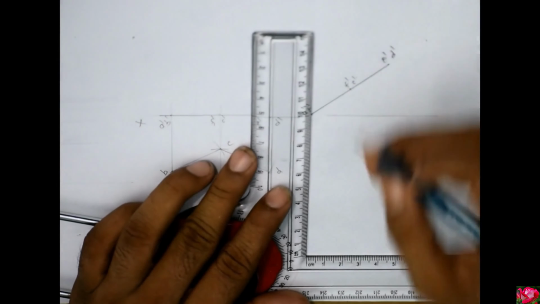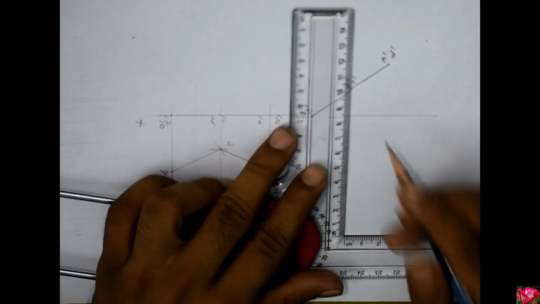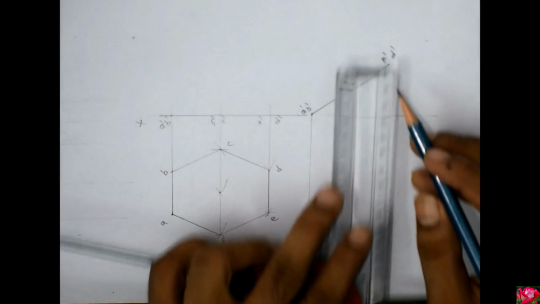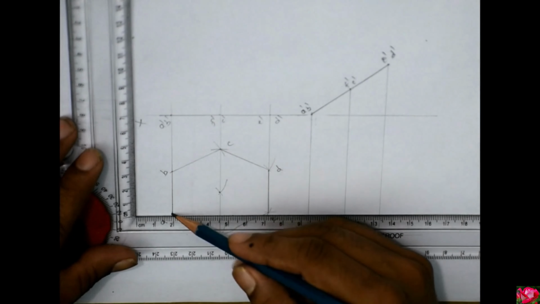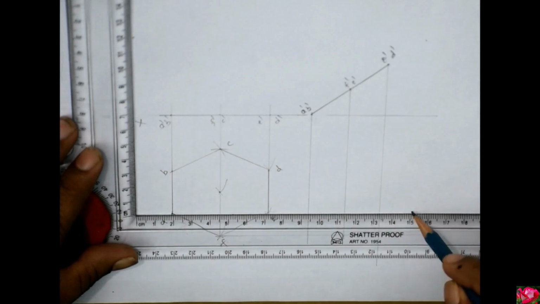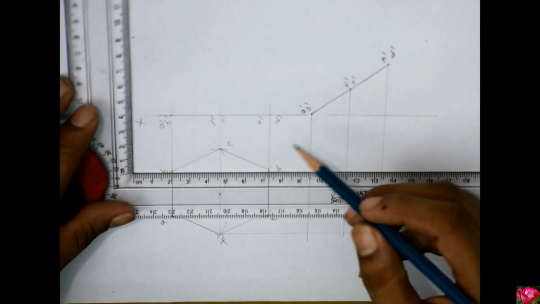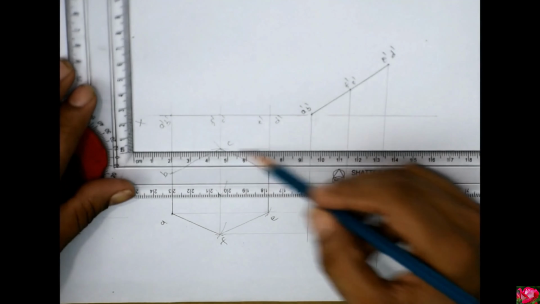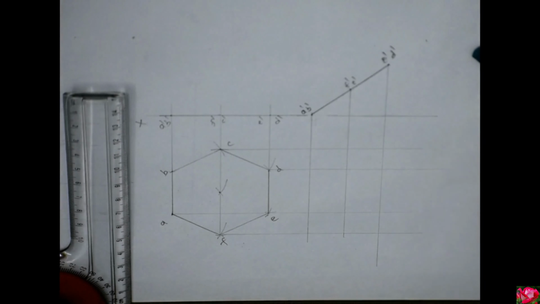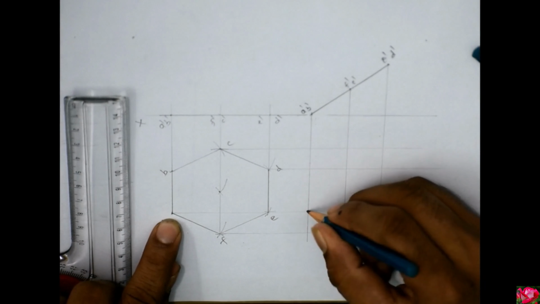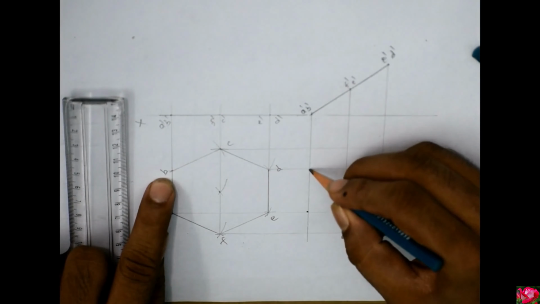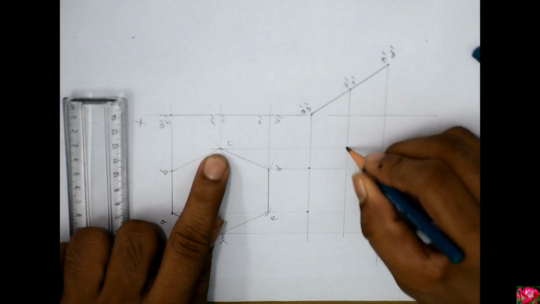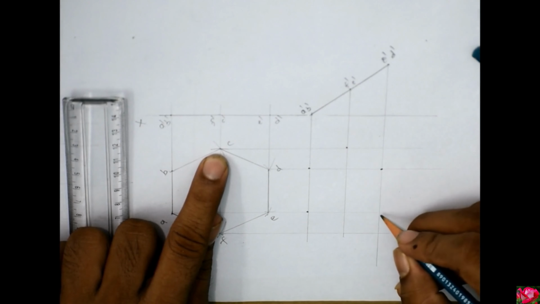To get the top view, draw projections from the front view. So you can easily get that A to A dash, then B, B dash, C, C dash, E, E dash.